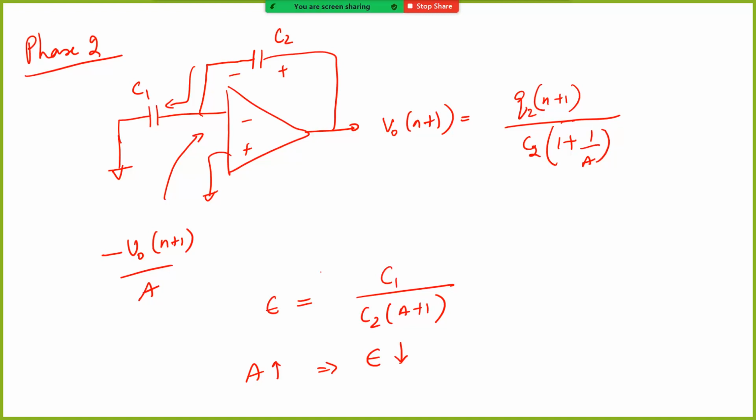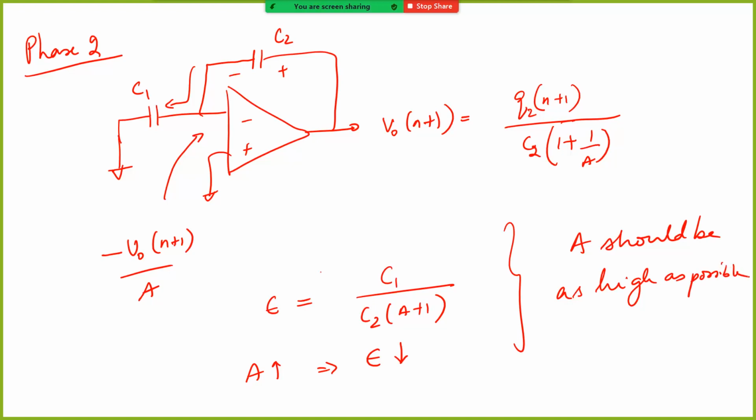So the moral of the whole story is A should be as high as possible. Okay. One good thing is that it's not going to very dramatically change your performance. Okay, but having a very high gain is always helpful.